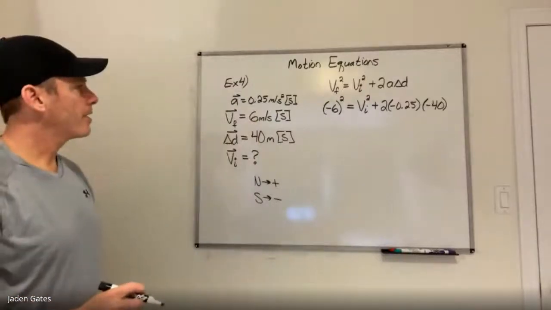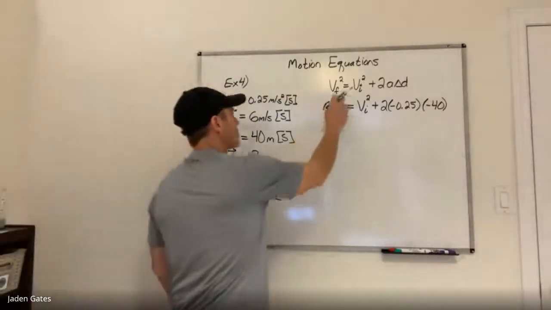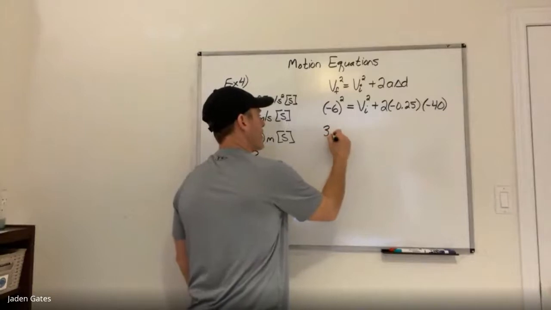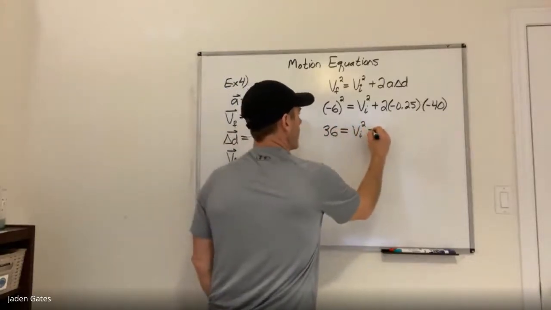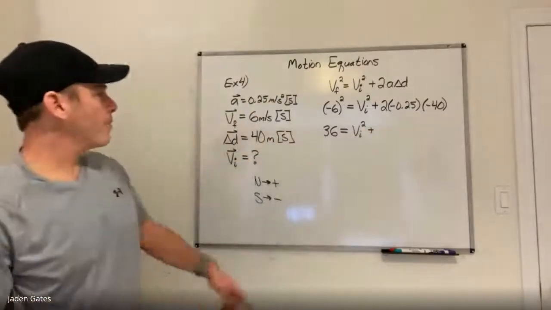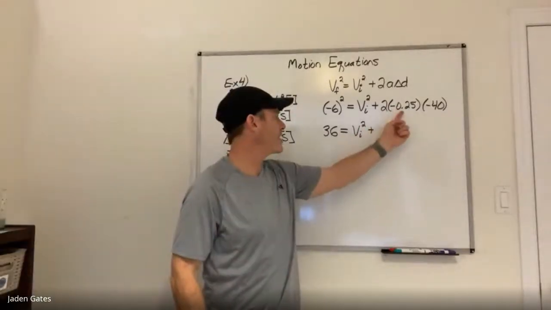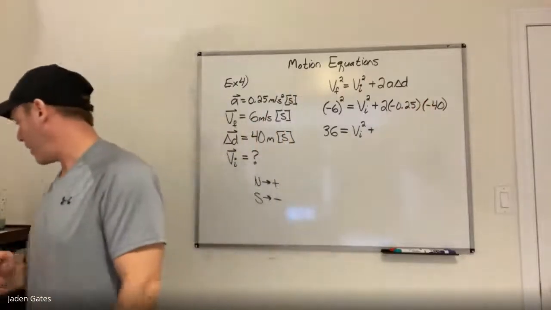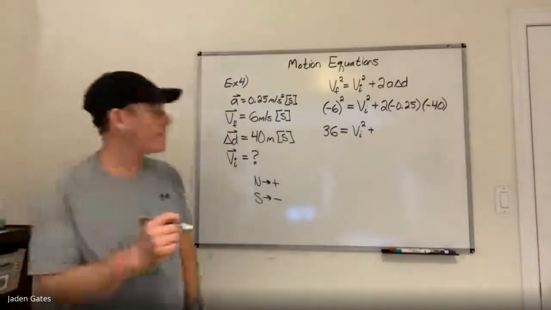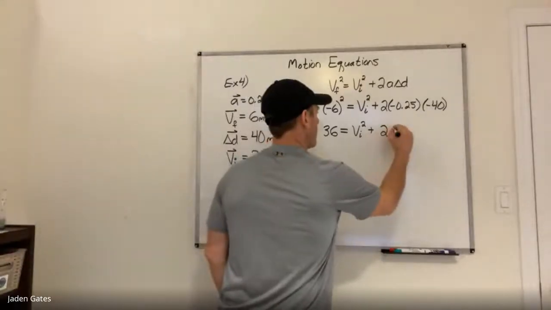Now to solve, negative 6 squared, a negative times a negative gives you a positive. Now I have to multiply those numbers. A positive times a negative gives me a negative, but then times a negative gives me a positive.